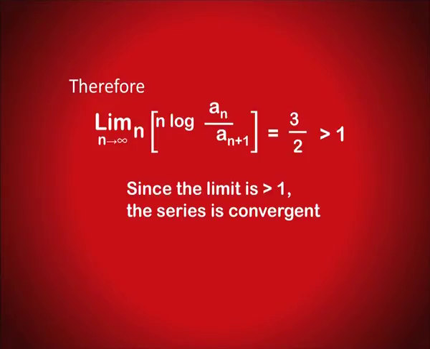The limit as n tends to infinity of this is equal to 3 by 2, which is greater than 1. Since the limit exists and is greater than 1, the series is convergent.